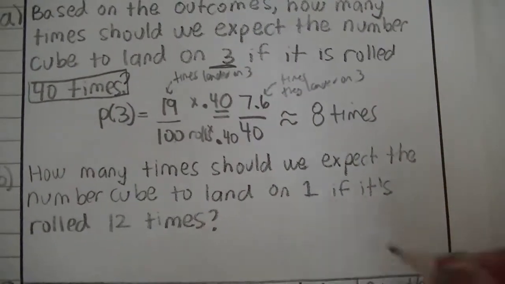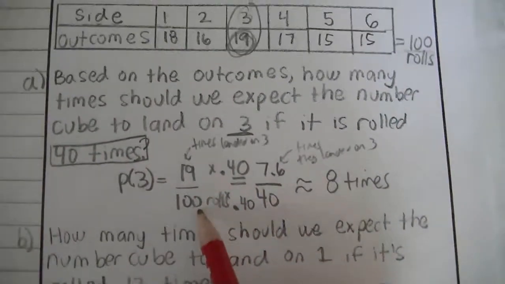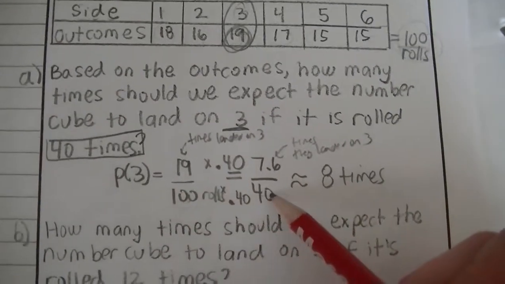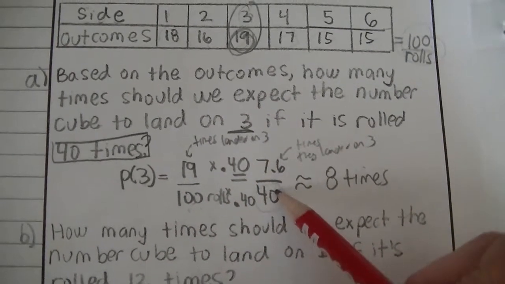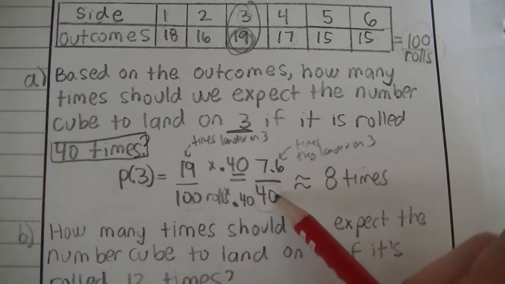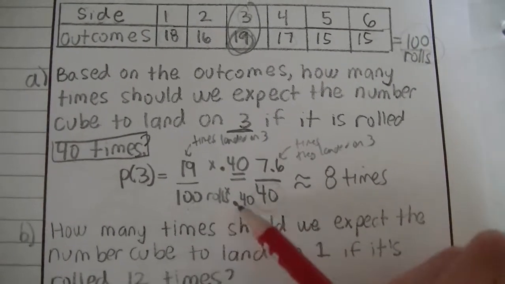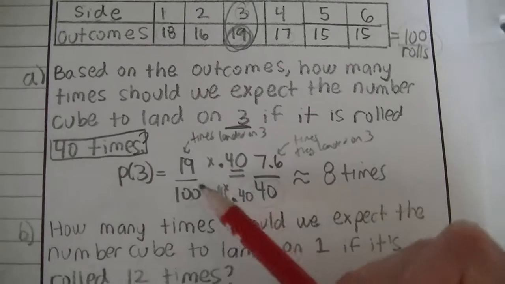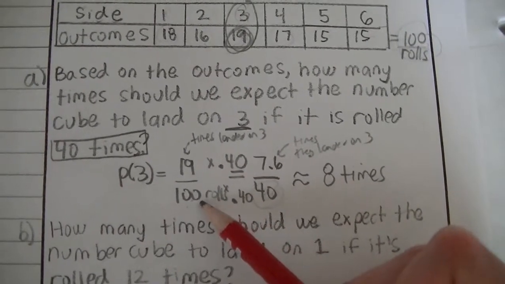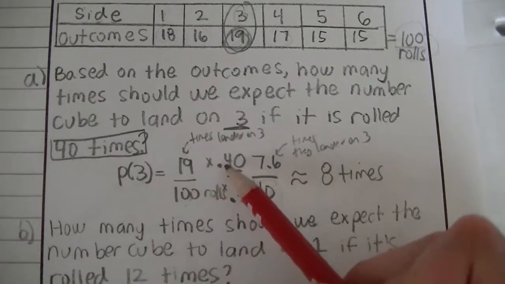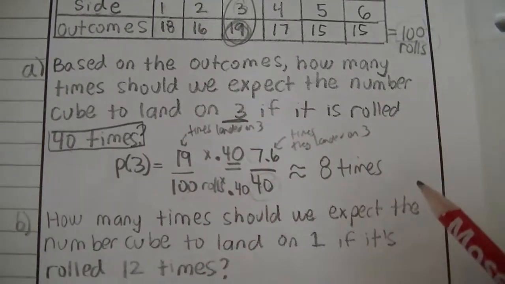So we set up a proportion right here. Originally it was 19 out of the 100, but then we only want it out of 40. So 100 times what number gives me 40? 100 times 0.4. If we multiplied this denominator by 0.4 to get 40, we have to do the same thing to the numerator.